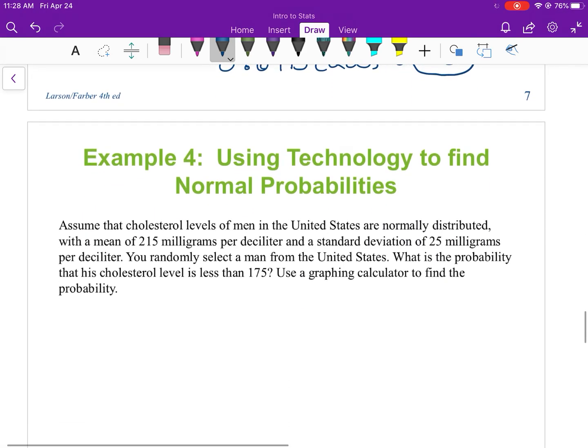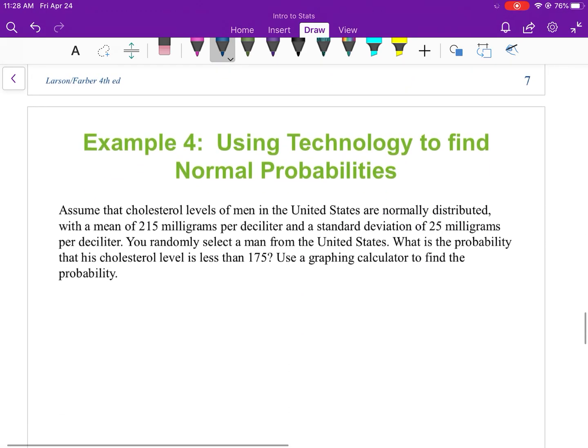And finally, how do I do this with my graphing calculator? So I'll show you how to do that real quick, and then these notes are finished. So assume that cholesterol levels, if you're male, are normally distributed. You have a mean of 215 milligrams per deciliter and a standard deviation of 25 milligrams.